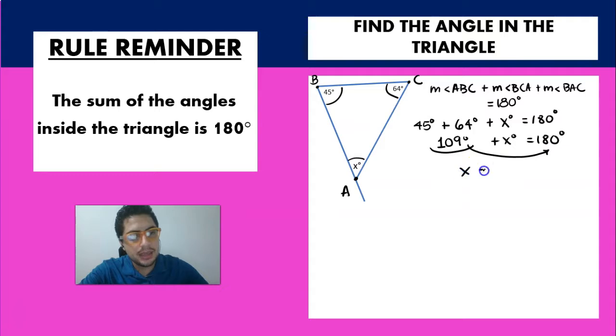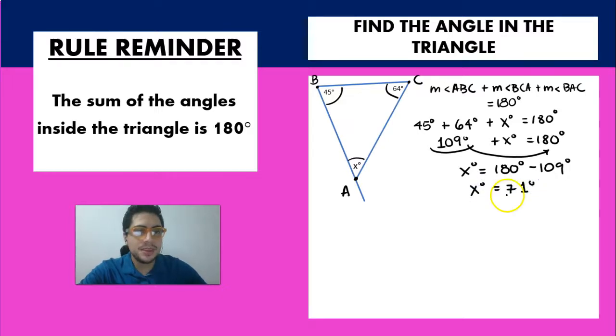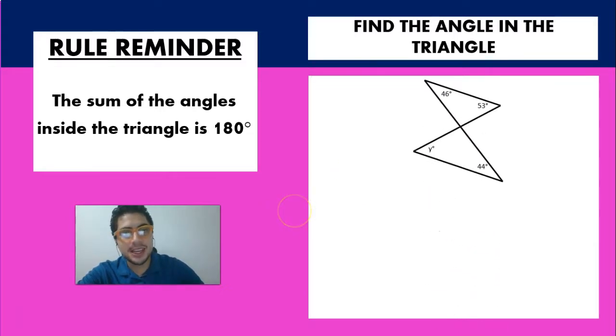So X is going to be equal to 180 degrees minus 109. And once we do that subtraction, that is going to give us that the value of X is going to be 71 degrees. Now pause the video if you need to take a little bit more time in order to understand this problem. Okay, now let's tackle the second problem.